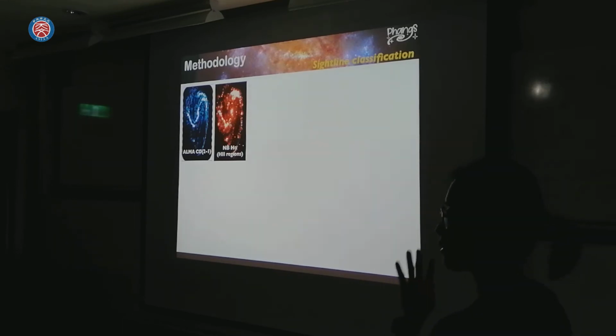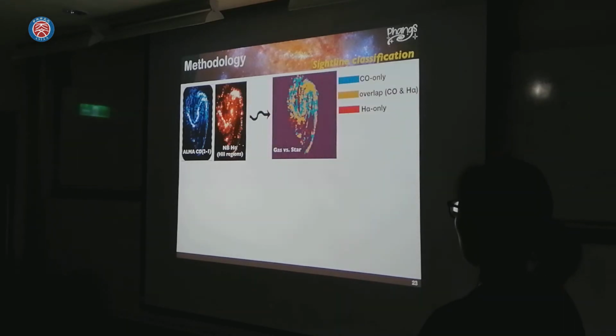We take the ALMA CO map and then the narrowband H II region map, and then we classify each pixel with significant emission into CO only pixels, overlap pixels, or H-alpha only pixels.